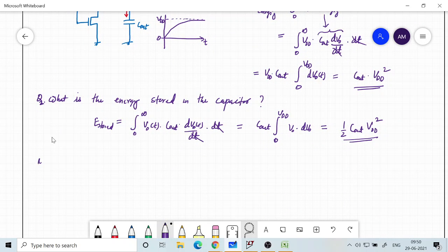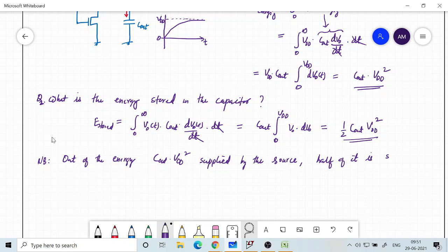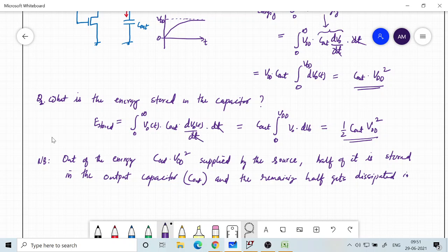So therefore what we can understand from this consideration during charging is that out of the energy C out VDD square supplied by the source, half of it is stored in the output capacitor, that is C out, and the remaining half gets dissipated in RP.